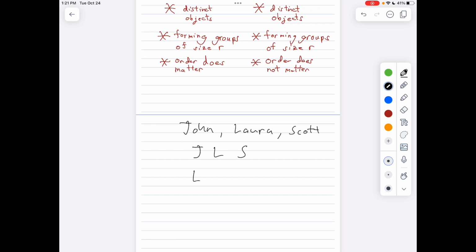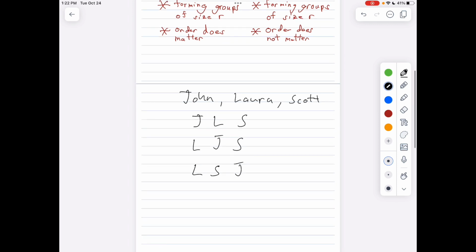You could also have Laura as the president, John as the vice president, and Scott still as the treasurer. Laura, president, Scott, vice president, and John the treasurer, and so on. My point is these are all valid groups that we're considering, because the order matters, right? So that's why we're using a permutation.